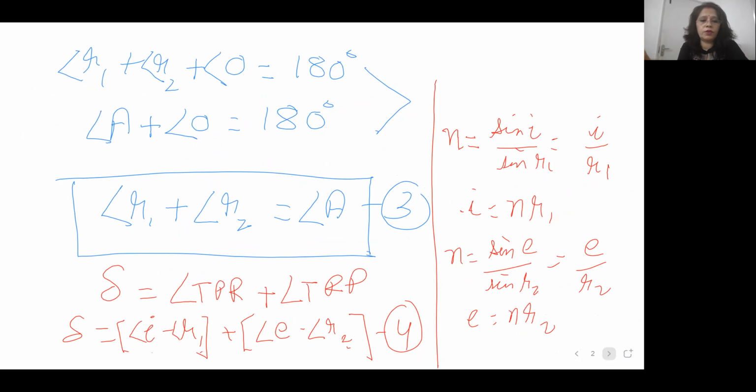From here we can write delta is equal to I plus E minus R1 plus R2. Now R1 plus R2 is A. So delta is equal to I plus E minus A.